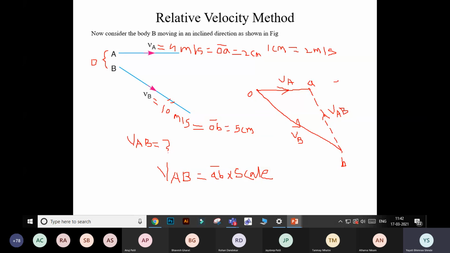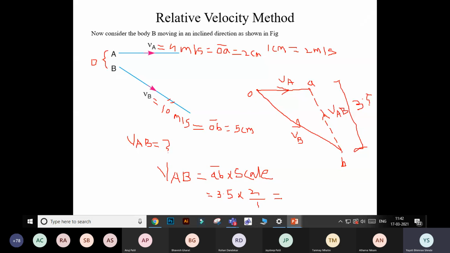Now vector AB means you have to measure this distance. Suppose if you measure the distance, you will get here a 3.5 centimeter line. So I have to put here vector AB is equal to 3.5 centimeter into the scale given here, 1:2, which means 2 meter per second divided by 1.